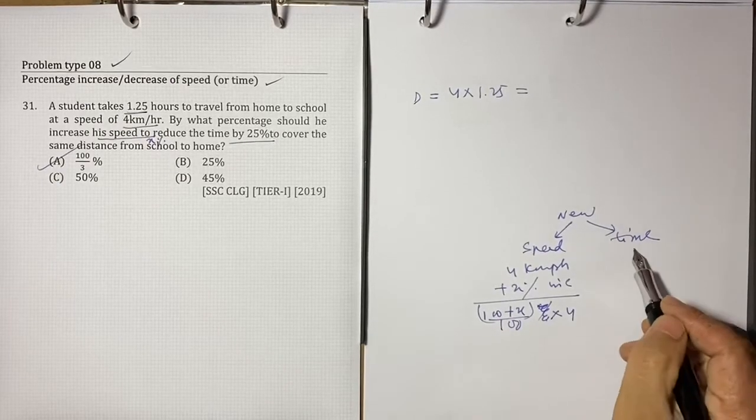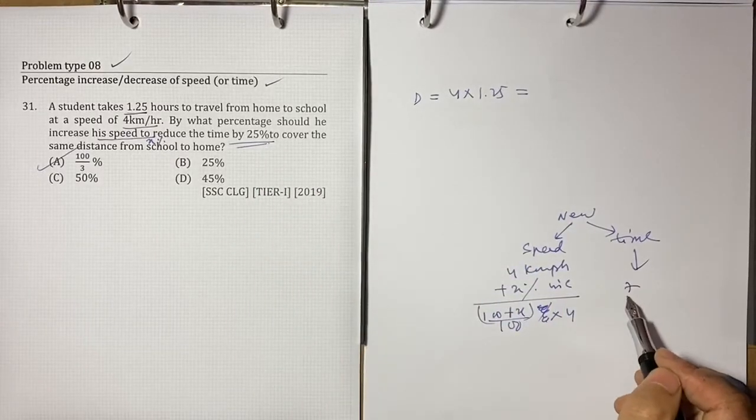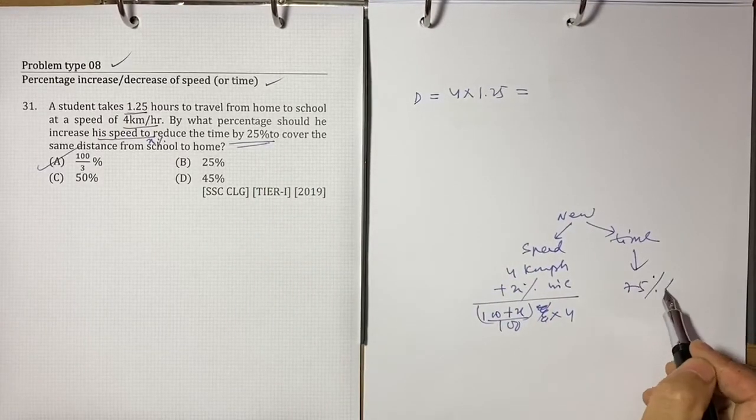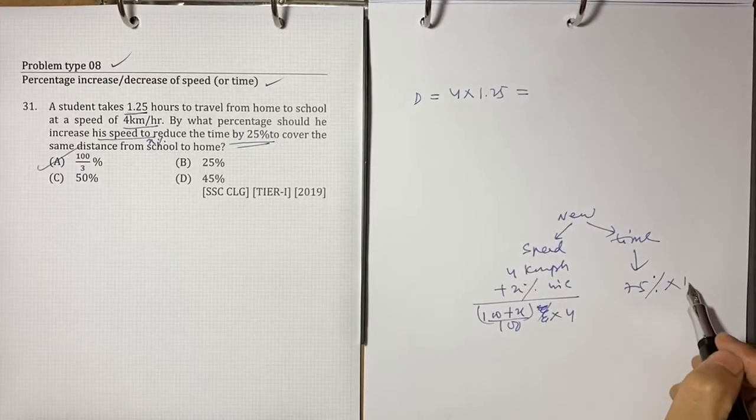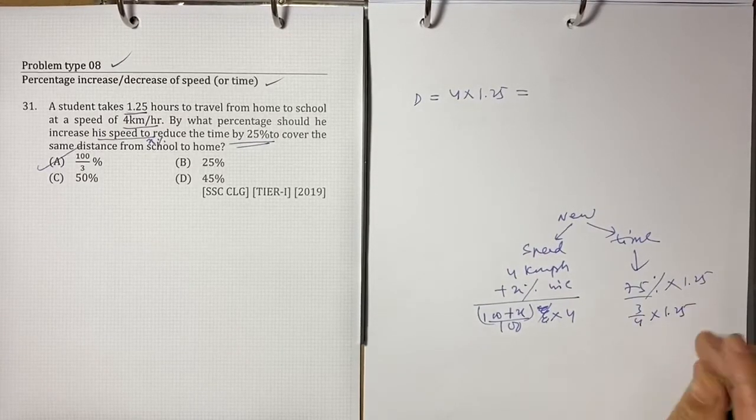The time reduces by 25%, so it becomes 75%, that is 3 by 4 into 1.25.